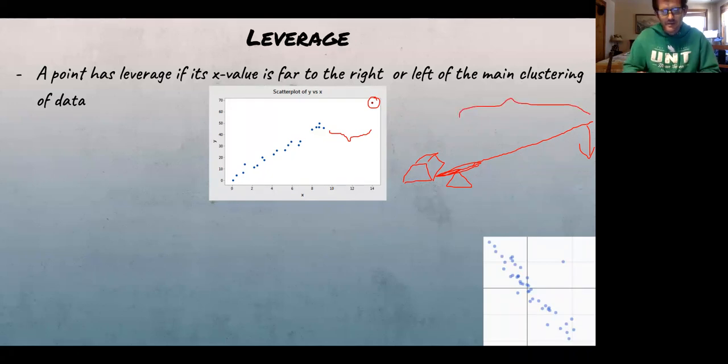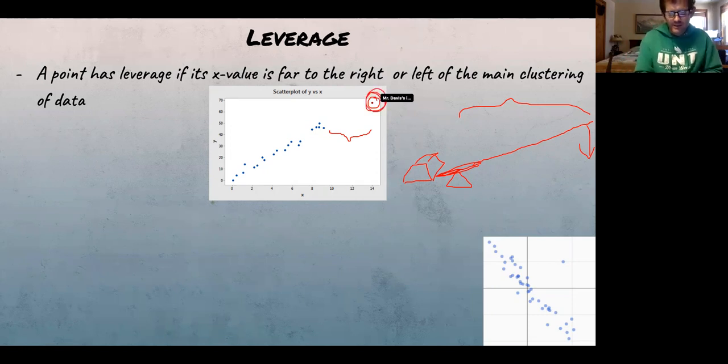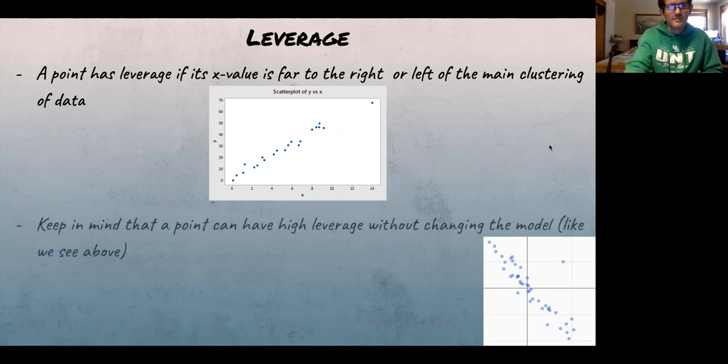You can think of this point right here as a lever, so it is going to have more impact, based on whether it's in line with the trend or not, than any other point in this data set might.